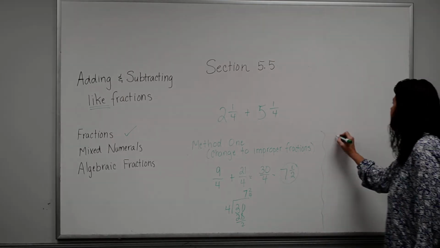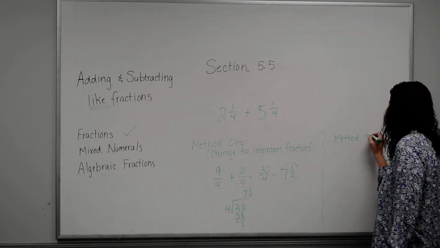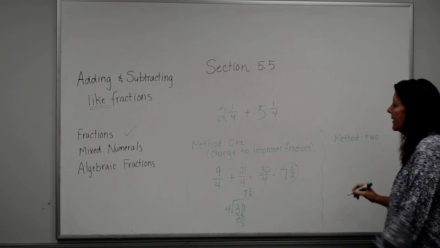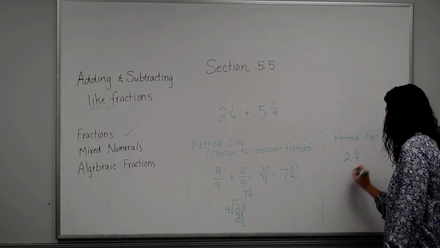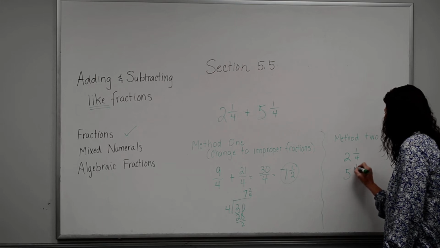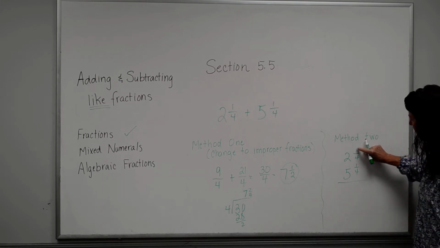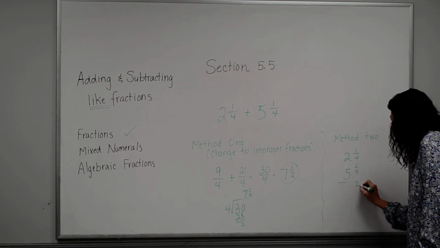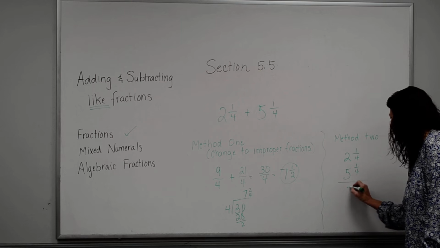Now, method 2. Method 2, I write them up and down. I add my fractions, so that's going to give me 1 plus 1, which is 2, which is 2/4. And you have 2 plus 5, which is 7.